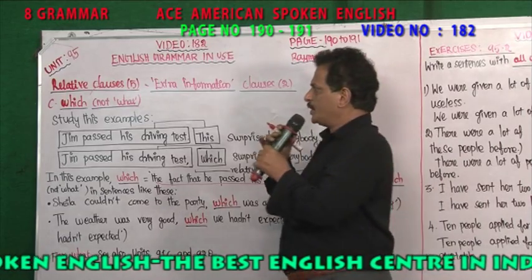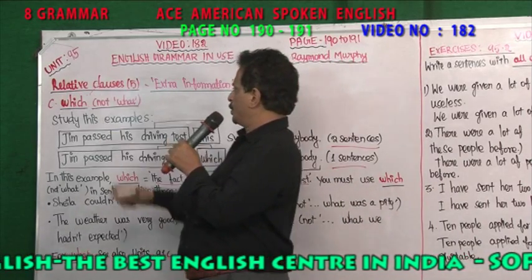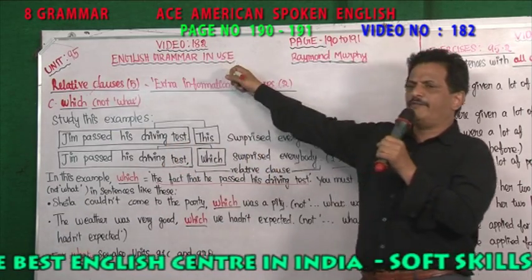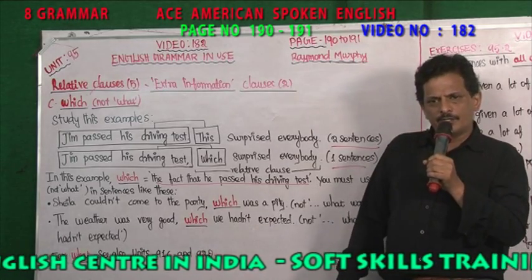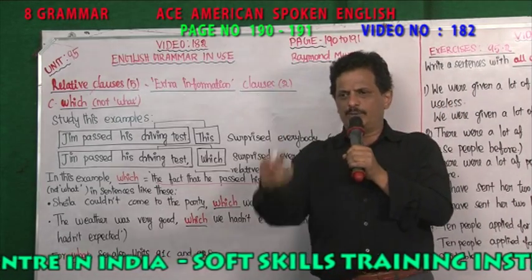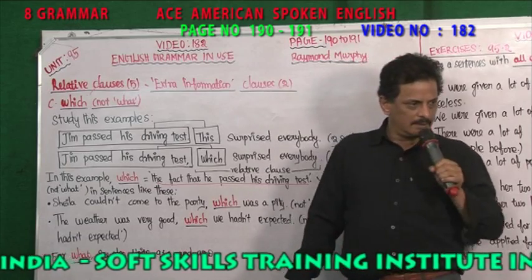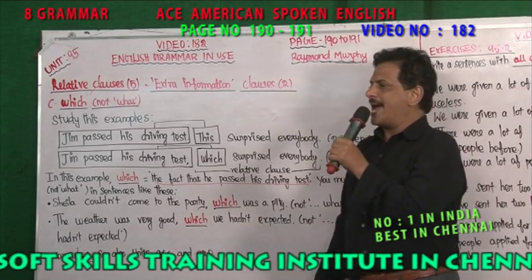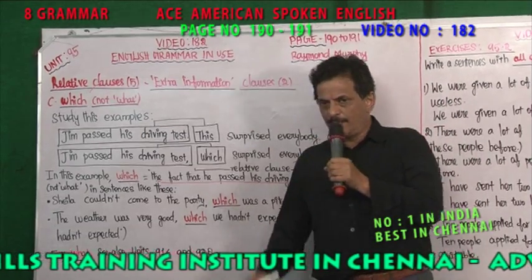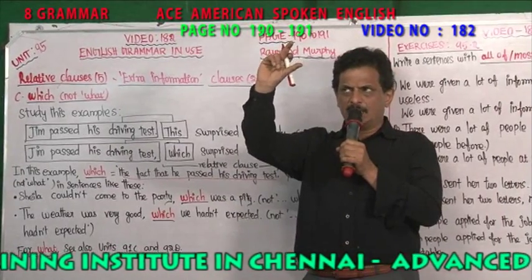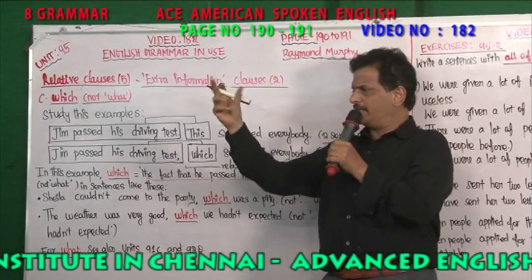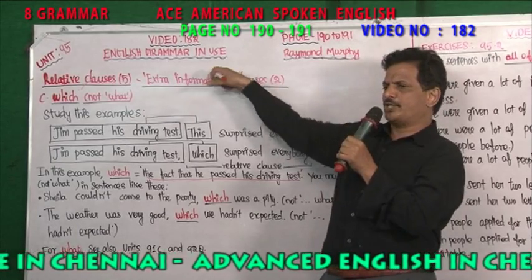Dear friends, what you're going to see is which for extra information. For example, just now I told you about the bank. The government banks, you are giving an explanation about the government banks. Extra information, how do you say?